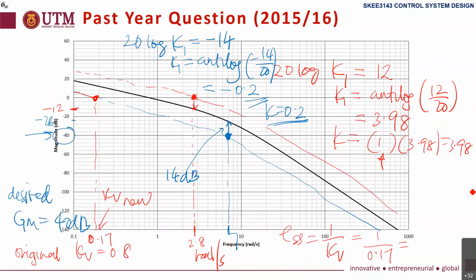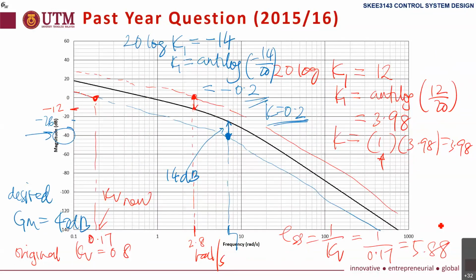Now it will increase to 5.88. That is the new error, because we reduce the magnitude. Okay, that is the effect of reducing the magnitude, going down.